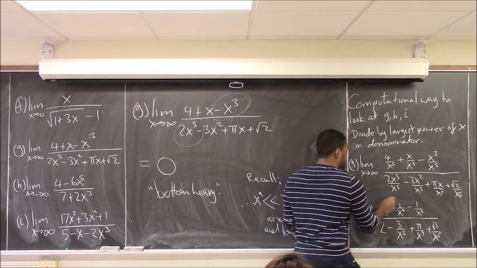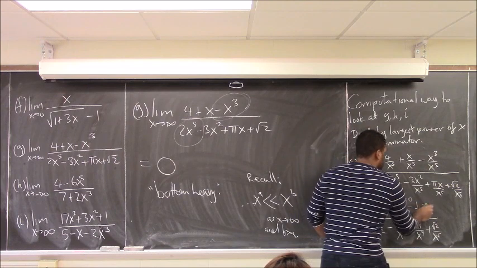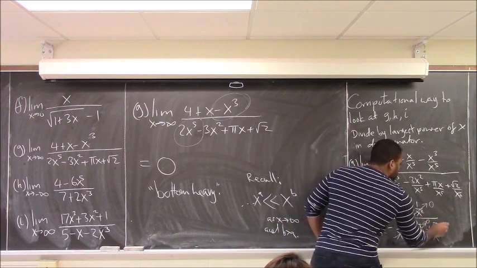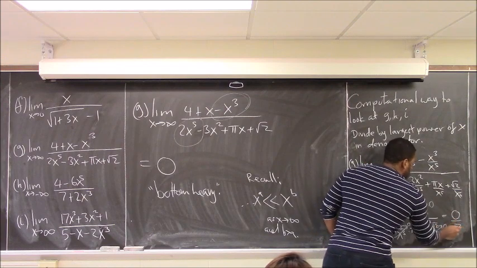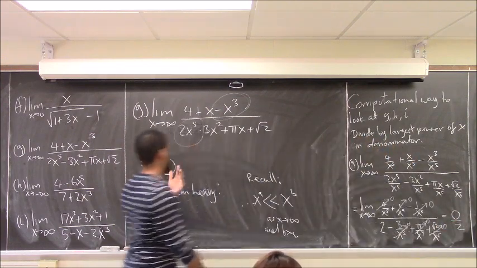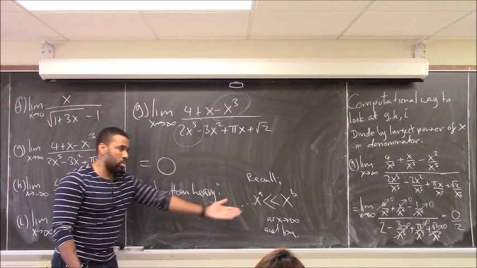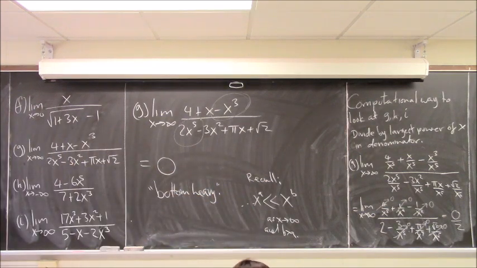So each of these here will go to 0. So you see essentially they didn't matter. And so this becomes 0 over 2, which is 0. You can actually use that technique on all of these to come down to your conclusions. But because of the relationship I gave you, you should pretty much be able to look at these 3 and know the answer within a few seconds.